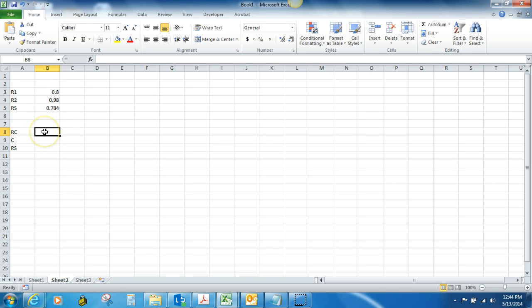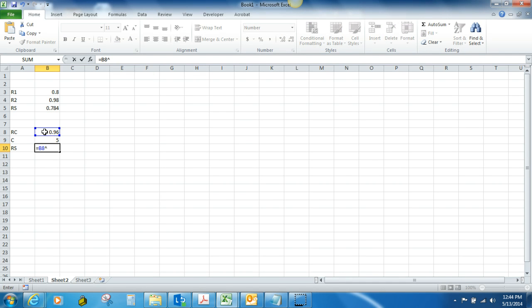Now, if you've got component parts in a system that all have the same reliability, so let's say that they're all 96% reliable or 0.96, and you have 5 components in the system, this is also very easy. You would just do an equal sign. We're going to raise the 96 to the 5th power.